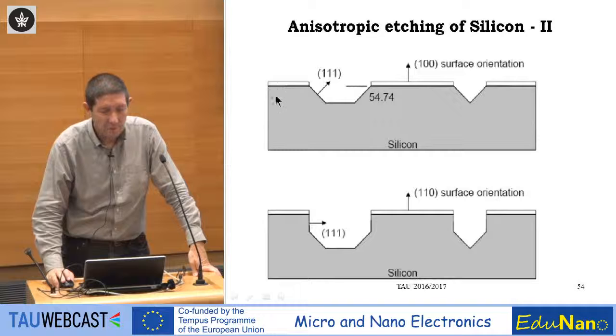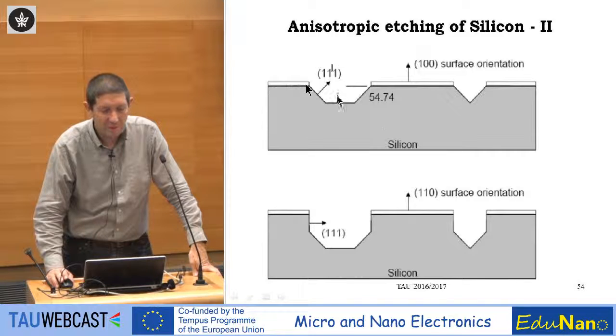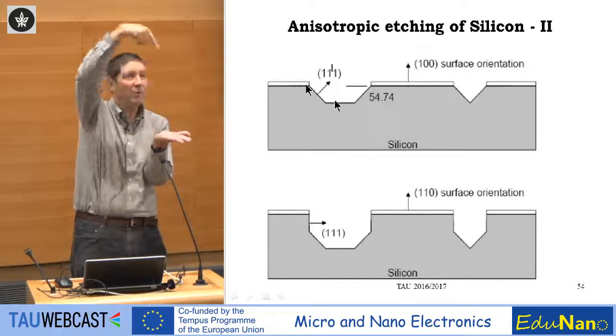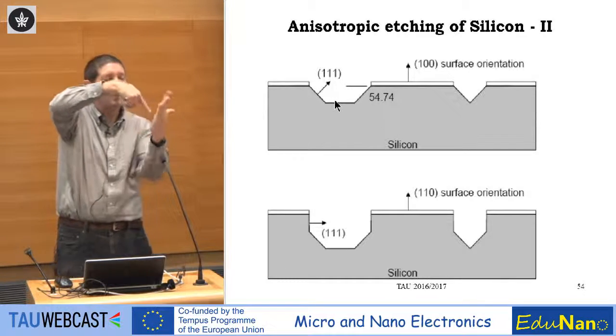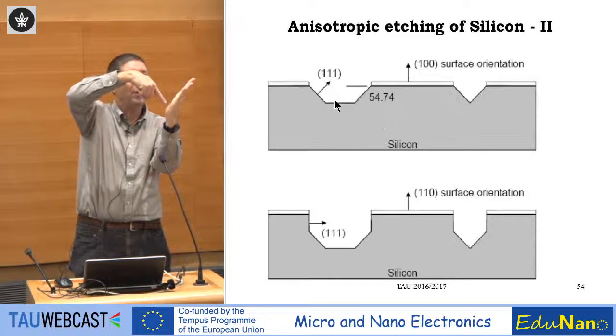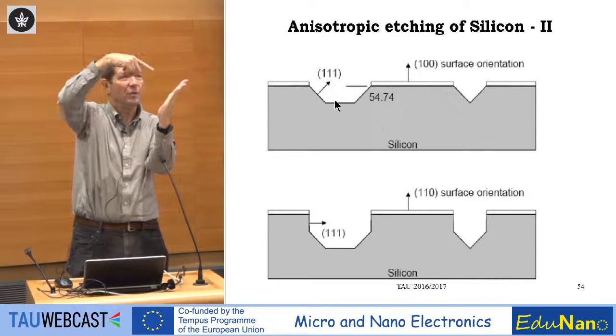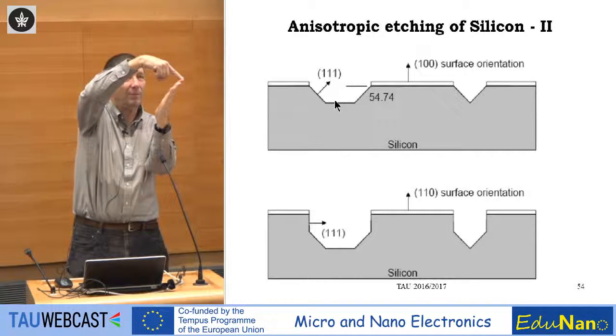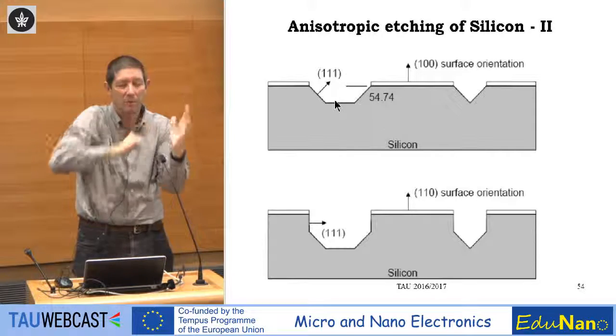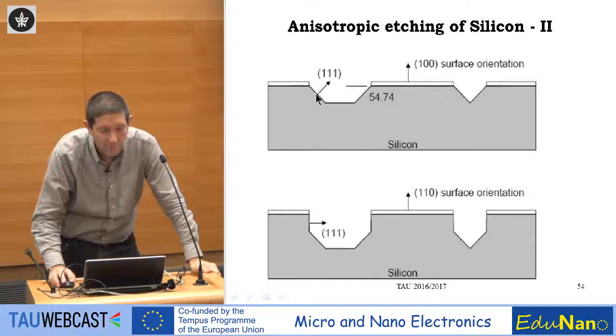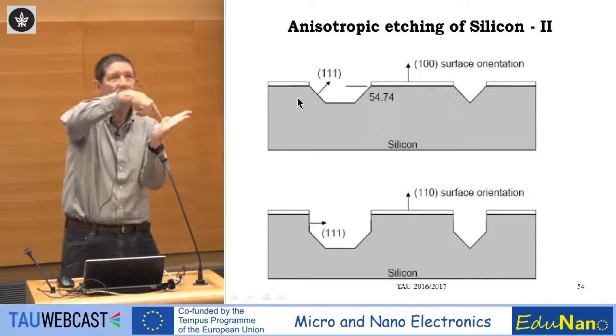So what we do now, on this gray silicon, we put a mask, and then we etch. What happens is the following. We start to etch downwards. So the etching is very fast. But we also have a 111 plane in this direction. So along this plane, there is no etching, or very, very slow. So we etch down, but there is no etching perpendicular to the 111.